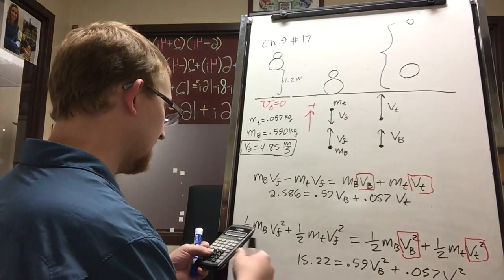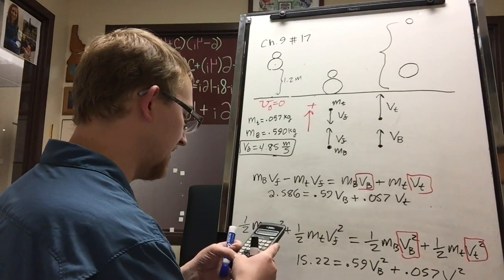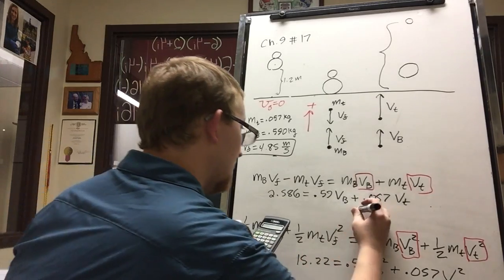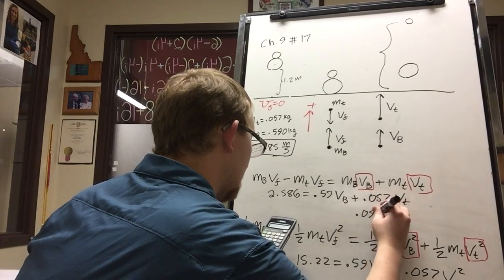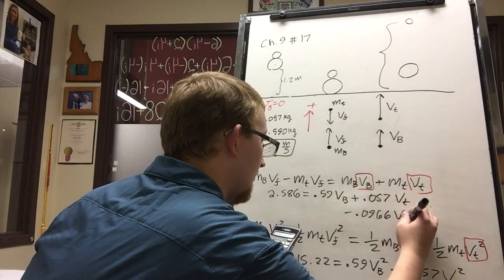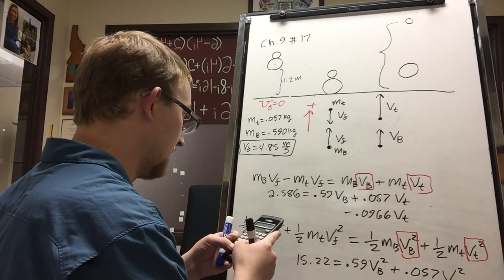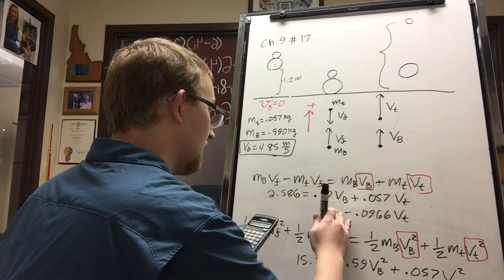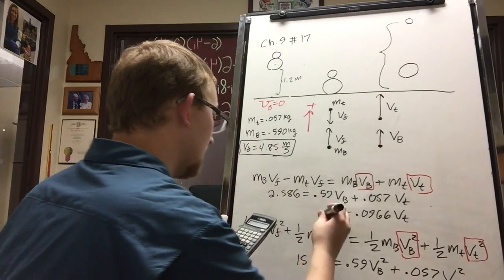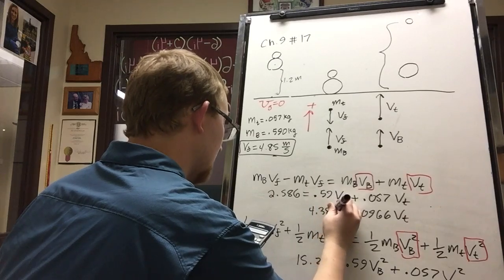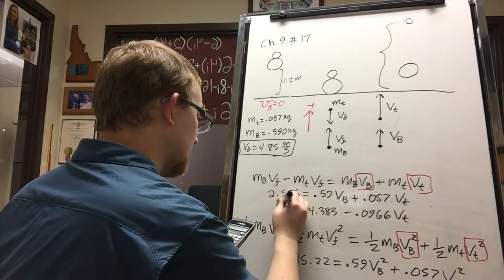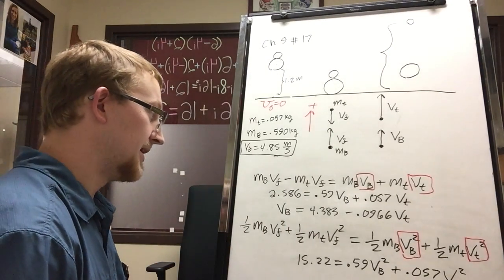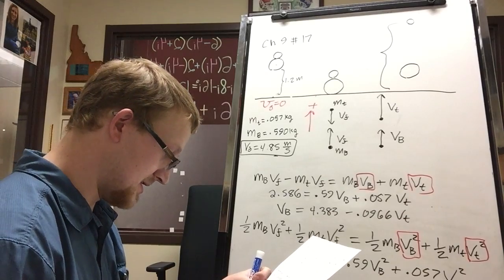Alright, so I'm just going to divide everything through by 0.59. Okay, so when I solve for VB, I end up with VB equals 4.383 minus 0.0966 VT.